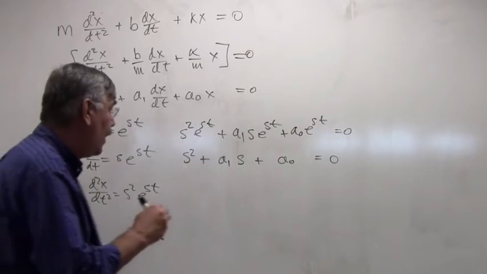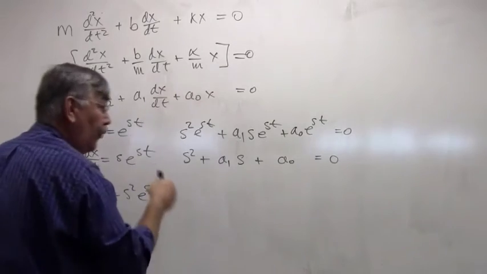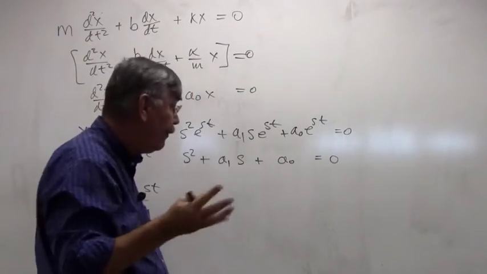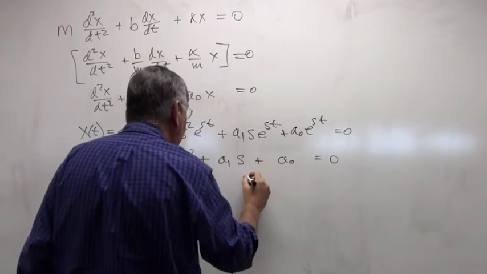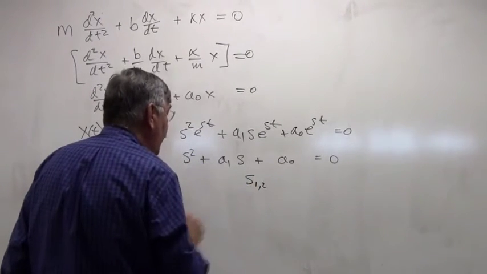Now, you can write this in various ways. For many applications, and most of the ones we'll look at, all the coefficients are not only constants, but positive. If that's the case, it makes it a little easier to see what's going on. There'll be two roots of the polynomial, since it's a second-order polynomial.